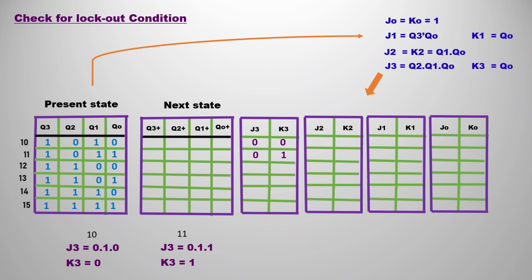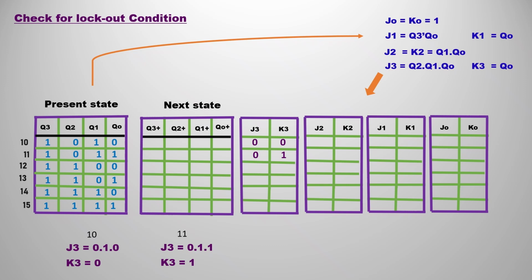First observe the 10 row, that is 1 0 1 0: Q3 is 1, Q2 is 0, Q1 is 1, Q0 is 0. So for J3, you place Q2, Q1, Q0 in the expression: 0 into 1 into 0. For K3, simply Q0, as it is, 0. So you can see we get 0 0 because J3 is 0 and K3 is also 0.